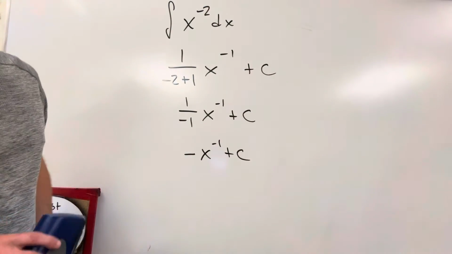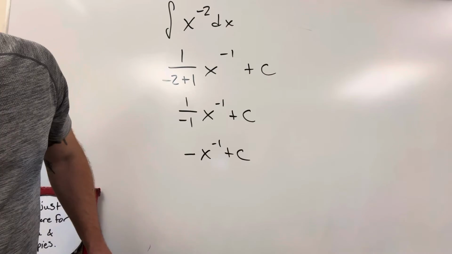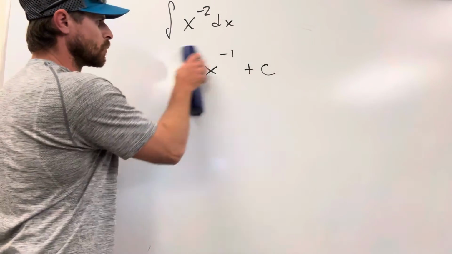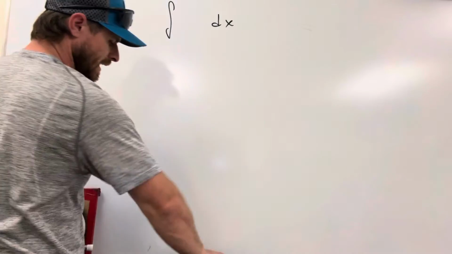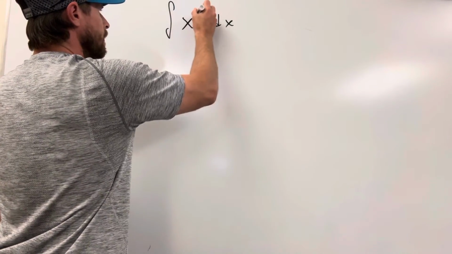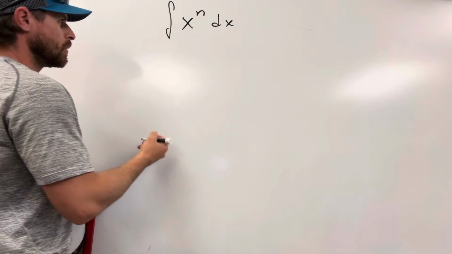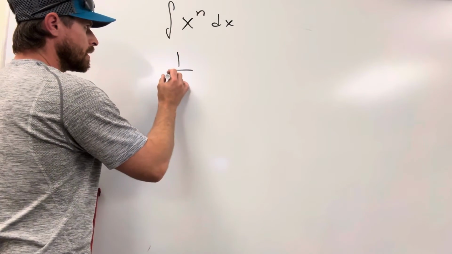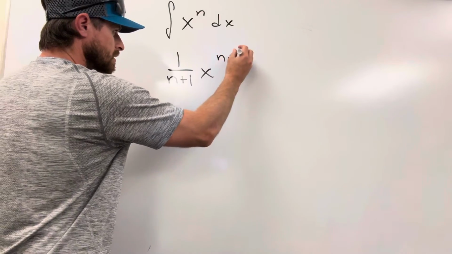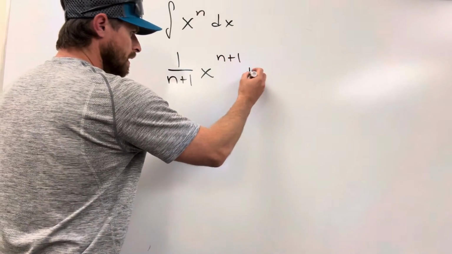All right. Anything else that I want to go over? Let's see, I wrote a few problems down over here. Yeah, let's do it with a variable just so you have a really clear understanding of this. This would be the rule. This is what you'd be shown in an algebra course. x to the nth power. All we're doing is saying 1 over n plus 1, x to the n plus 1, plus c.